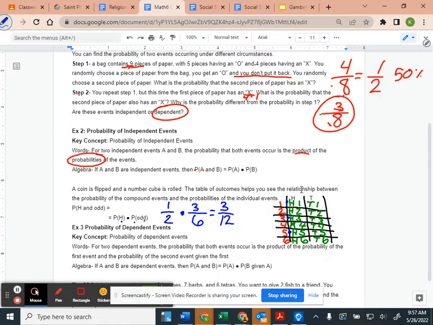And then we want to simplify it. We can divide a 3 out of both the top and the bottom. 3 divided by 3 gets us 1, 12 divided by 3 gets us 4. So the probability of flipping a heads and rolling an odd number is 1 out of 4.